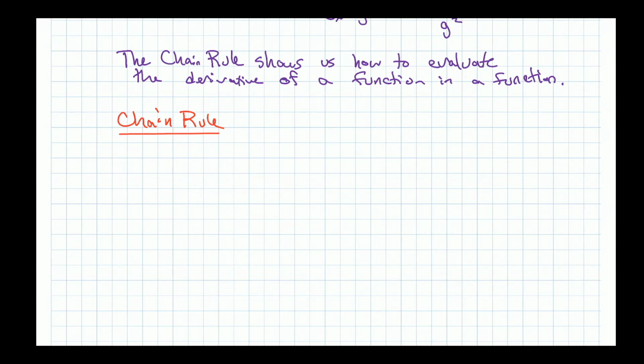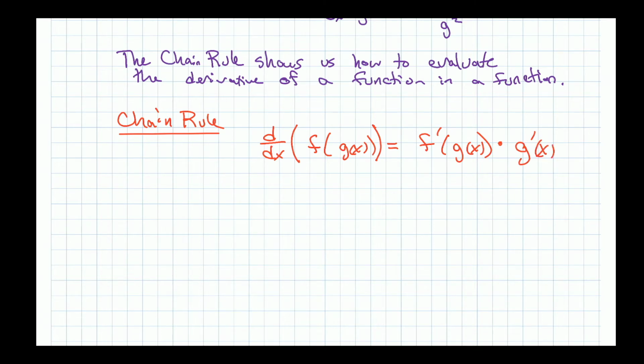One way you'll see it is they'll say the derivative with respect to x of f of g of x, I have a lot of parentheses there, is you take the derivative of the outside function, f prime, you leave the inside function, g, alone, and then at the end, you multiply by g prime. And that's why they call it the chain rule, because this part is chained onto the end.